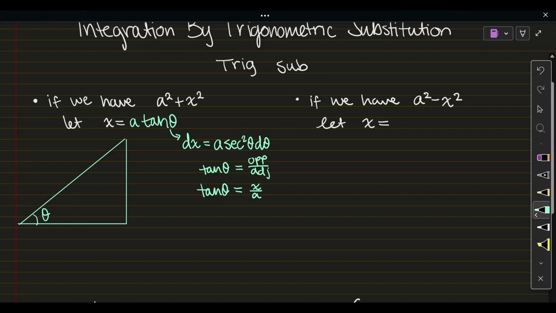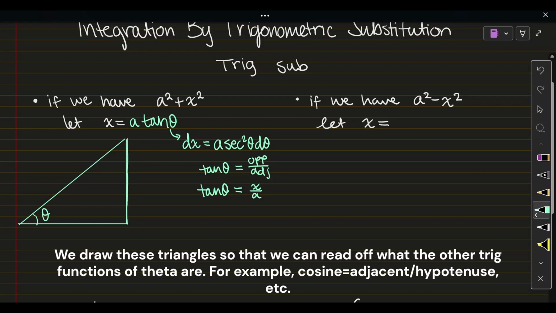So this tells me that I can write this triangle as having opposite length x and adjacent length a. So my hypotenuse by the Pythagorean theorem, we'll say c squared, is equal to x squared plus a squared. That is, c is equal to the square root of x squared plus a squared. Now this will help us later when we need to get back in terms of x.